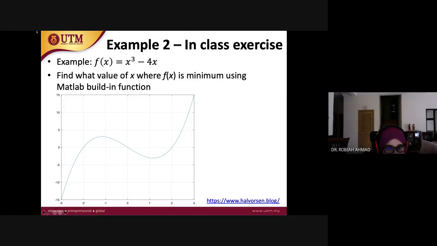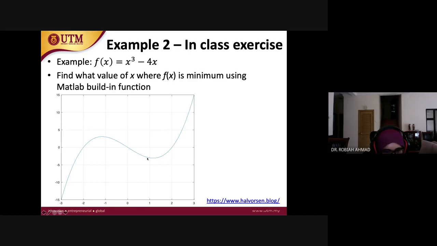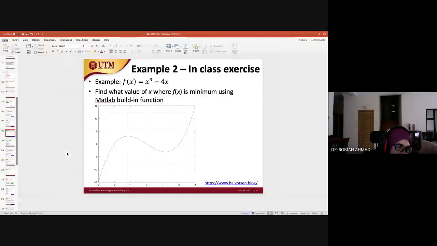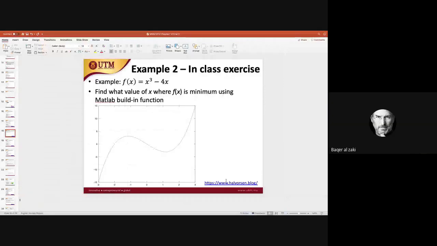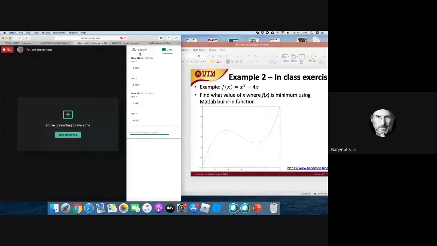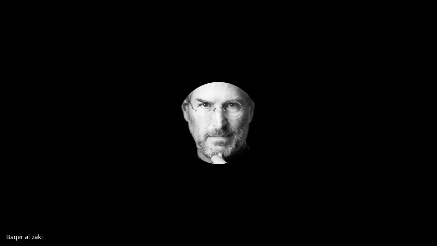So what is your x and what is your f for this point? It should be 1 point something, and then maybe negative 3, negative 4. Yeah, I got this. So I copy just now. This is your answer? Okay. Izzat pun dapat lebih kurang macam ni? Belum lagi, doktor.